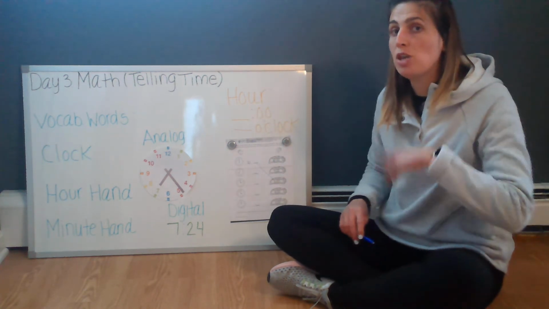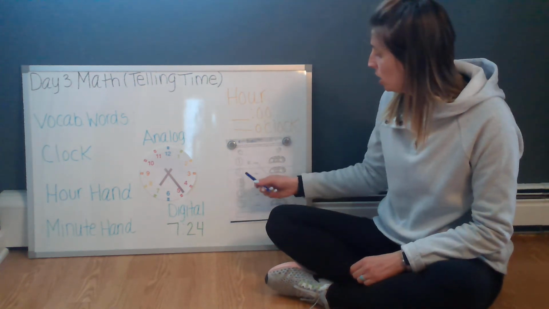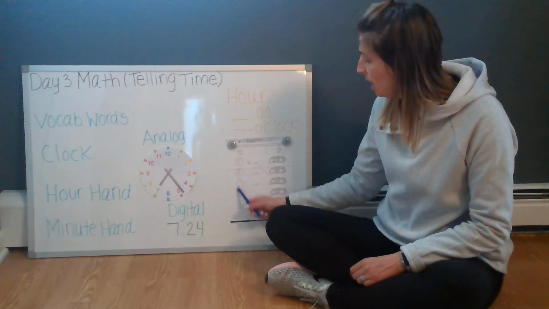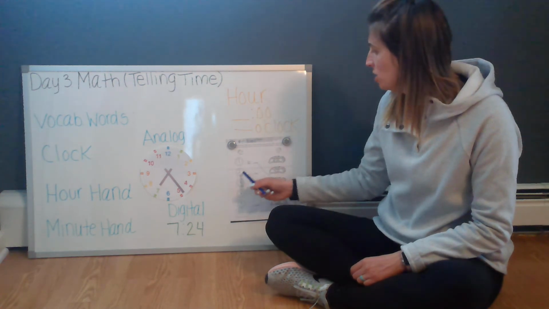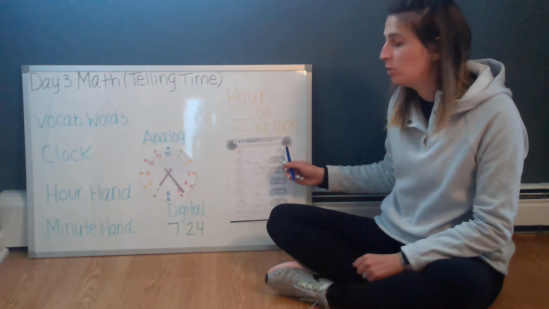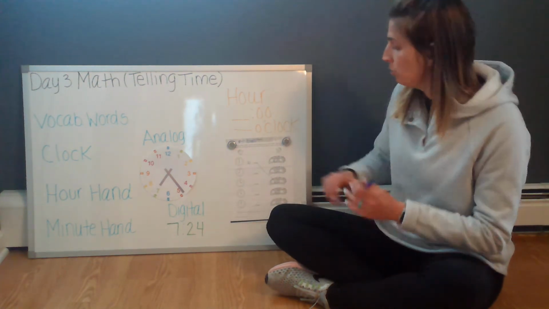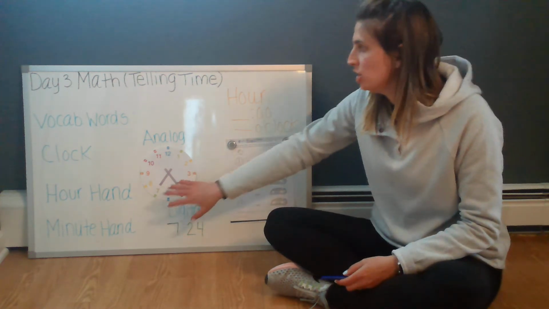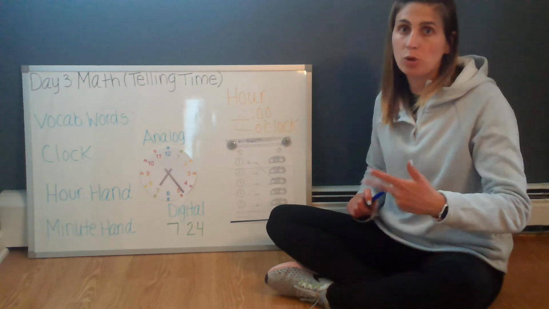Now it's going to be your turn to complete the rest on your own. You're going to look at the clock on the left-hand side as the analog clock and match it to the clock on the right-hand side, which is the digital time. Before I send you off to complete the rest on your own, I just wanted to review our vocab words. As I say them, you'll repeat back.